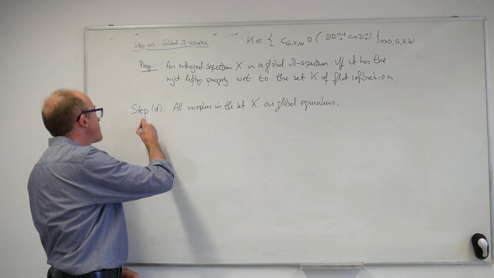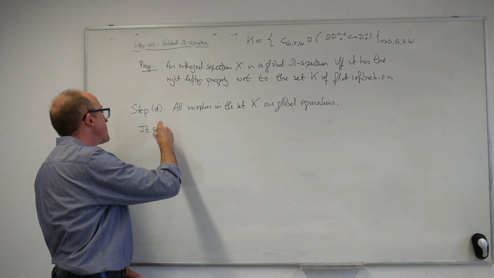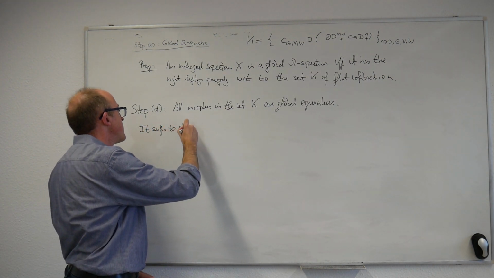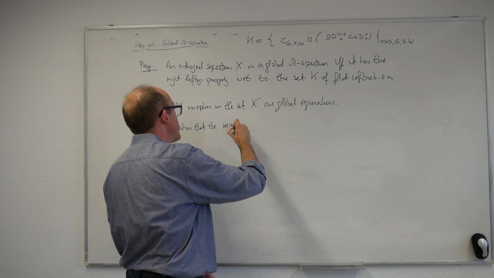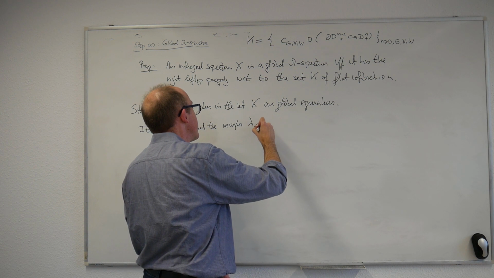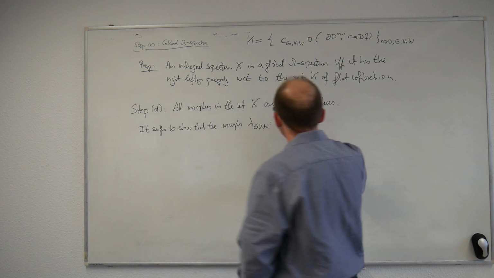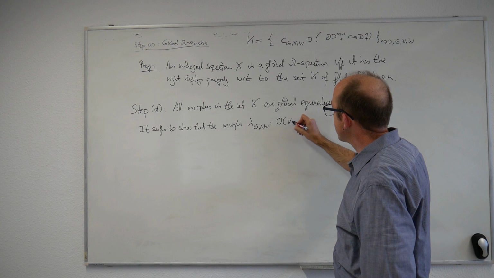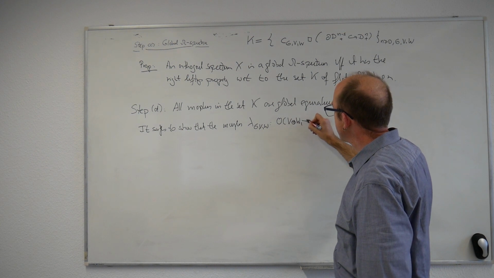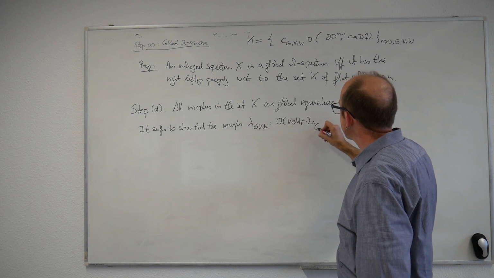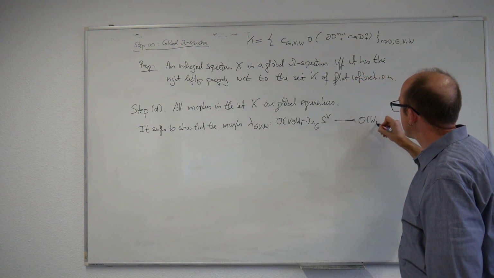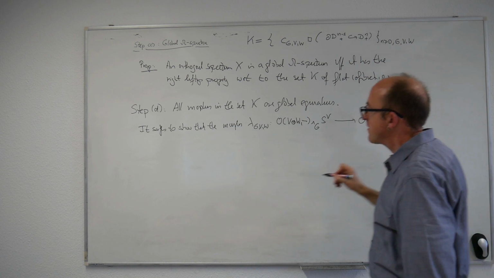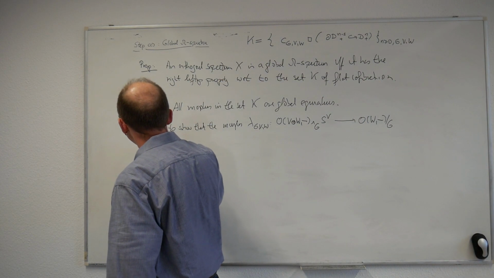Okay, so it suffices to show that the morphisms lambda G, V, W, and let me remind you where they started and where they ended, O V W smash over G as V to O of W modulo G, that these are global equivalences.